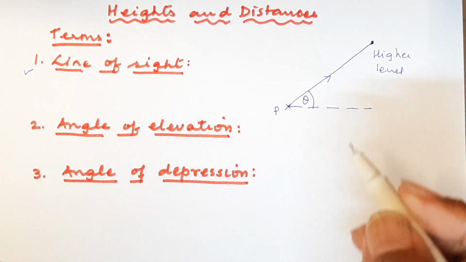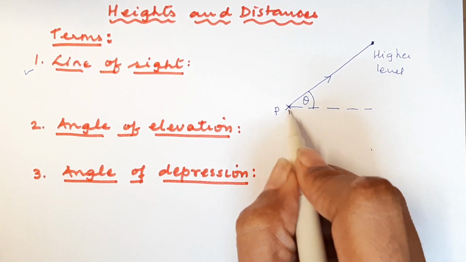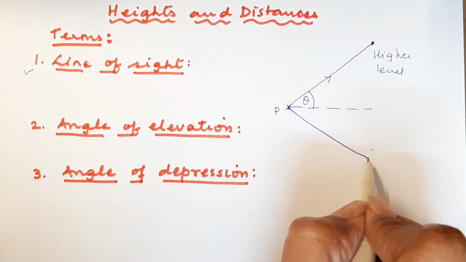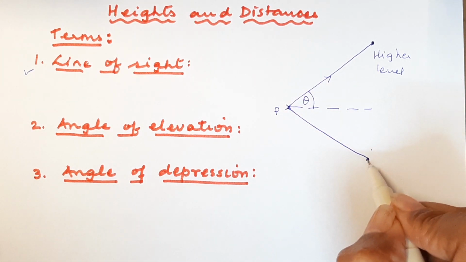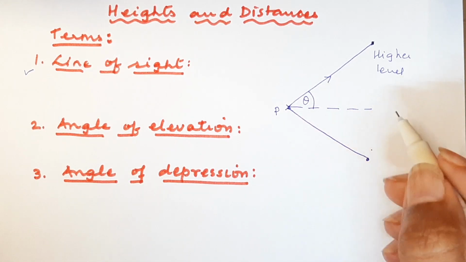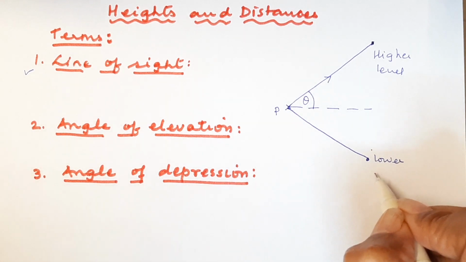What is our angle of depression? When the object is at a lower level. So the eye of the person and the line of sight. When he is looking below the horizontal line, it is at a lower level.